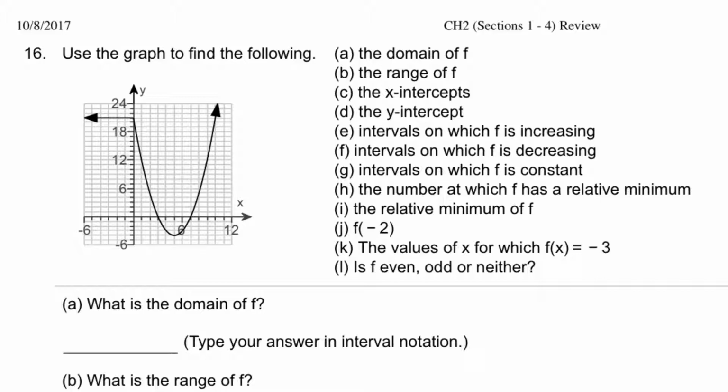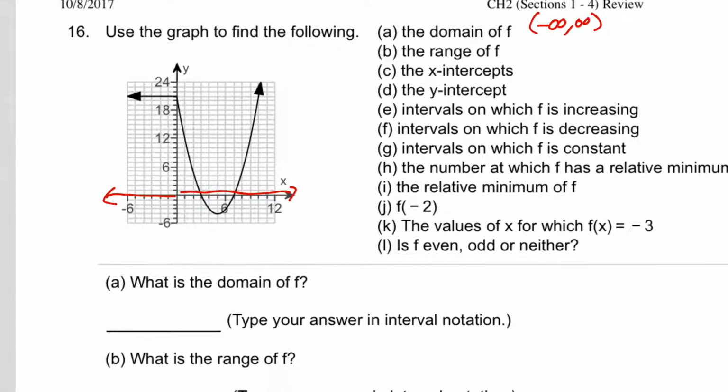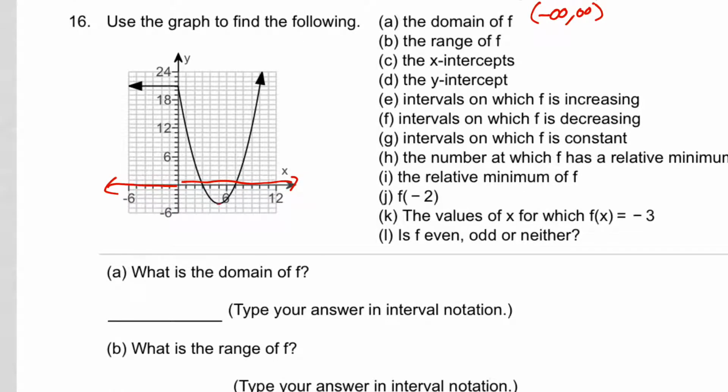So domain, as you can see, the function exists everywhere, forever to the left, okay, and forever to the right. There's nothing stopping it. So this is going to be negative infinity to positive infinity. The range goes forever up, but does not go forever down. And we have a spot here.